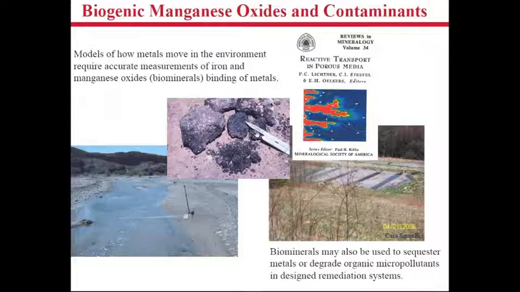So chromium, arsenic, some oxyanions can be oxidized even if not absorbed very strongly, although I'll talk about that more in a little while. And again, this is useful because we need to understand how these biominerals, which can be common in the environment, affect transport of contaminants, and maybe we can harness them for use.